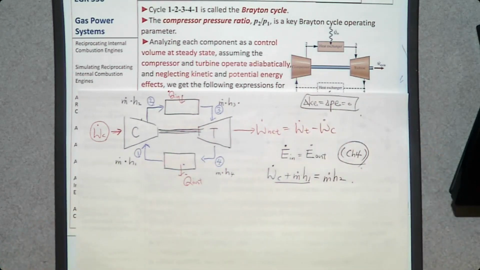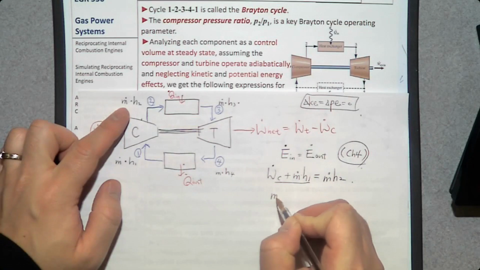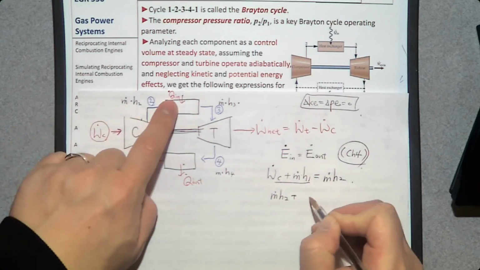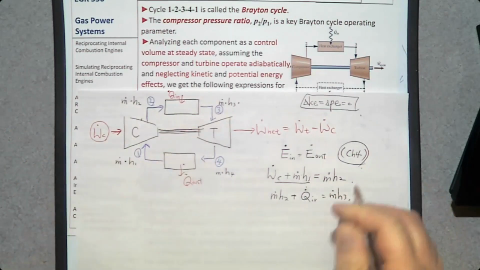What about this heat exchanger? How many energy transfers in? One, m dot h2, and two, Q dot in. There's only one energy transfer out, m dot h3. So now we know how to make this energy balance equation. m dot h2 plus Q dot in is going to be m dot h3.